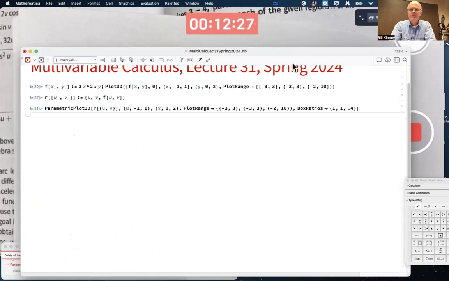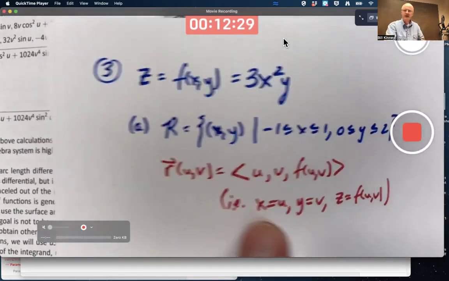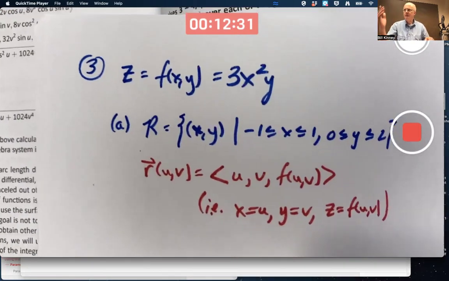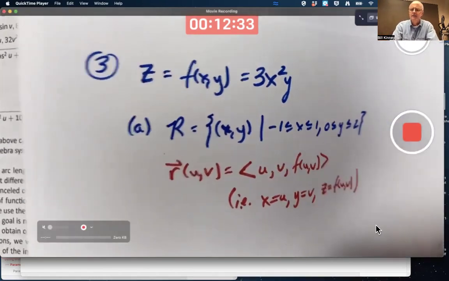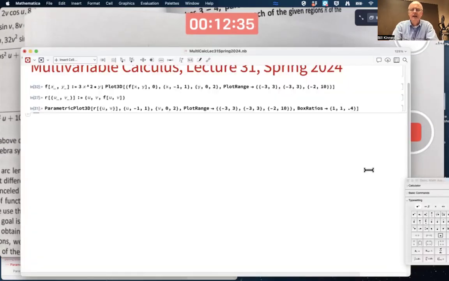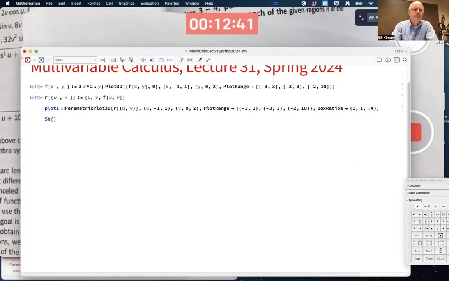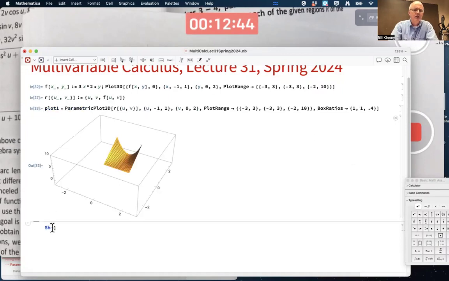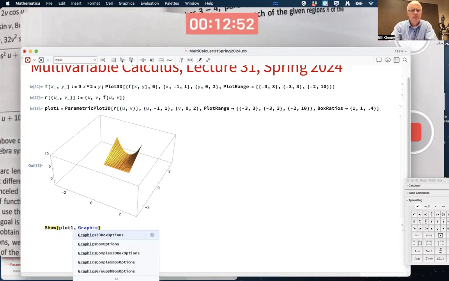Can we think of it in terms of vectors? I wrote this thing as a vector. Can we think of it in terms of arrows? Yeah, you can. Let's give this plot a name, call it plot1. I could show plot1 with an arrow, or maybe even a bunch of arrows.